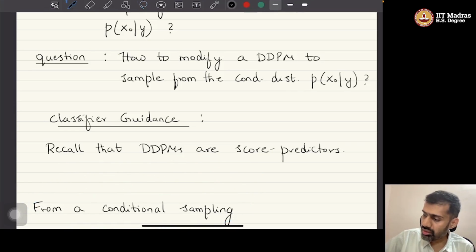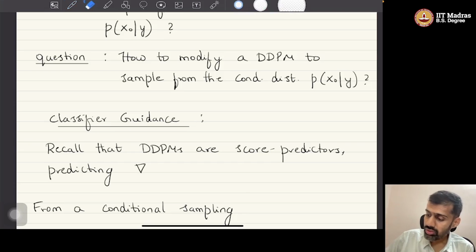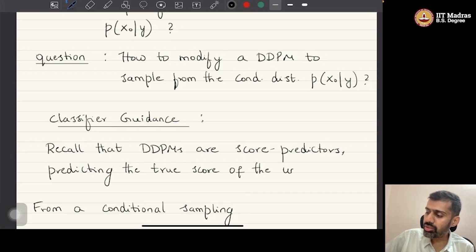Score predictors, predicting the true score of the marginal distribution, or rather regressing the true score of the unconditional or the marginal distribution.